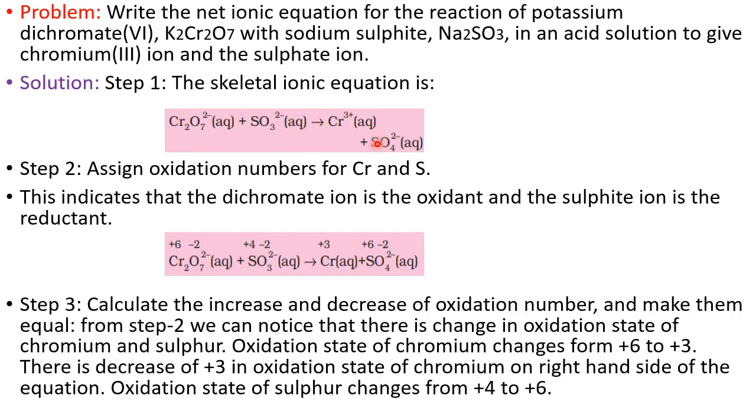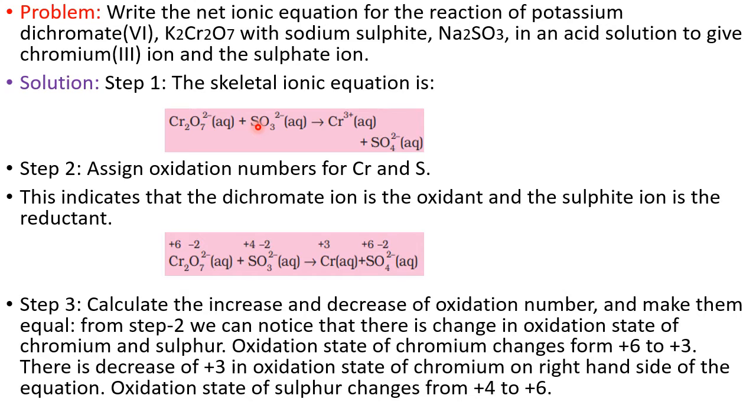Now, first we discuss how to balance the redox reaction by the oxidation number method, then we go for the half reaction method. So we are discussing which method now? We are discussing the oxidation number method.